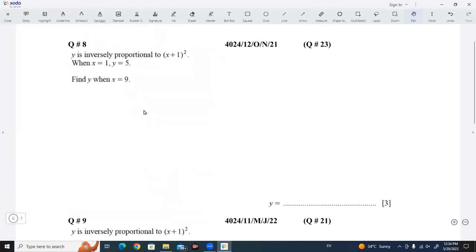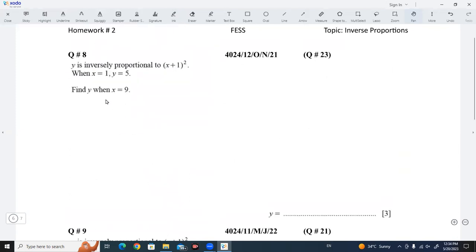So moving towards question number 8, y is inversely proportional to x plus 1 whole squared. Okay, writing down the inverse thing as 1 over that thing, x plus 1 whole squared. Now we have to replace x with 1 and y with 5. Before doing this, replacing that proportionality sign with the constant k and equals sign, x plus 1 whole squared. Now replacing these values, x equals to 1 when y is 5.